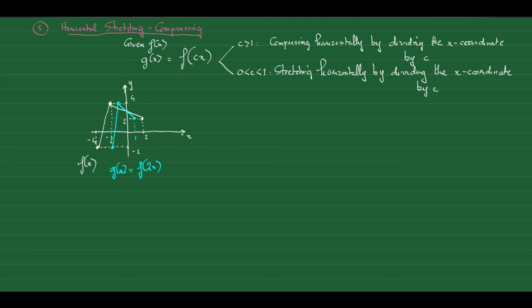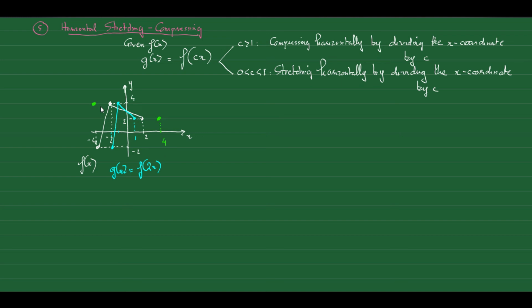So 2 divided by 1 over 2 will be 4, right? So it will be 2 and 4. So it will be right here. So instead of negative 2, 4, we have negative 4, 4.